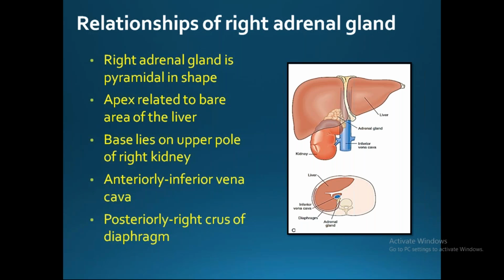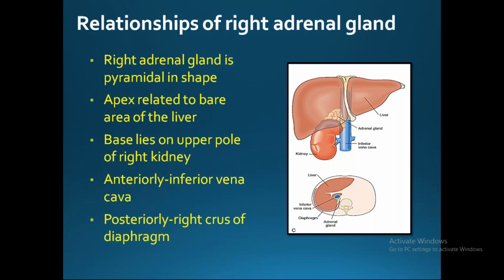Do you remember, any abdominal structure which moves with respiration is usually in contact with the diaphragm. This is an important point in the inspection part of an abdominal case presentation.